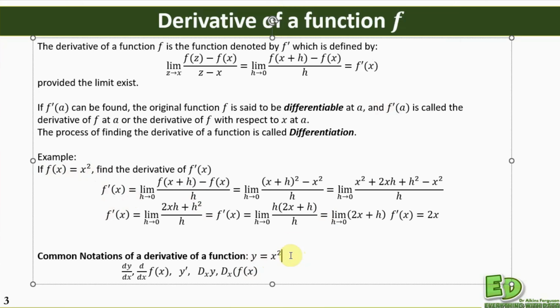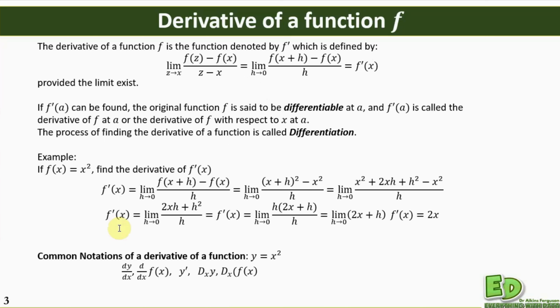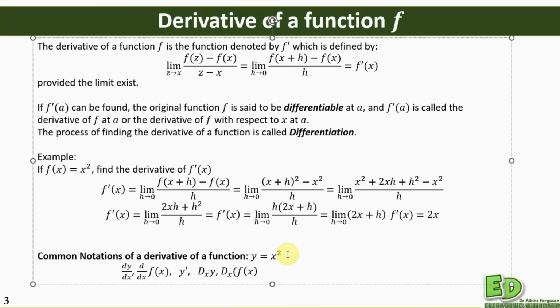It is the same. That's why initially you would have y is equal to f of x in the diagram. The function can be given to you in terms of y, say y is equal to x squared. It can also be given to you as f of x is equal to x squared. They are the same. So if it's given to you like this, to find the differential we're not going to write f prime of x, because we have y here.